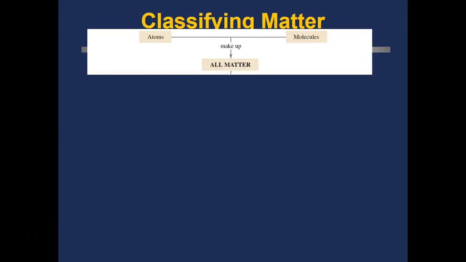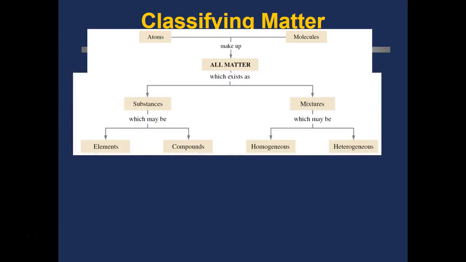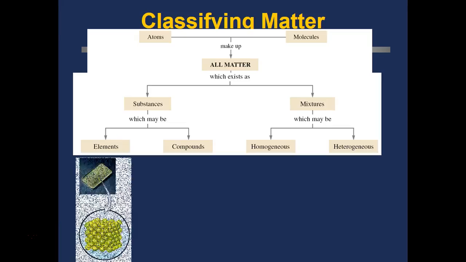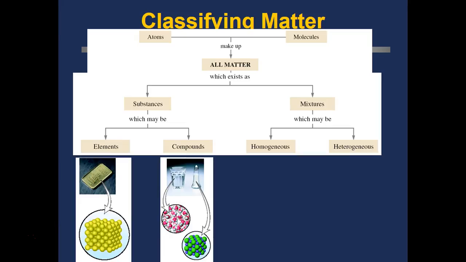Atoms and molecules make up all matter. All matter exists as substances that are pure or mixtures. Pure substances can be elements or compounds. Mixtures can be heterogeneous or homogeneous. Elements have all the same atom, and you can't break those atoms down into anything else.